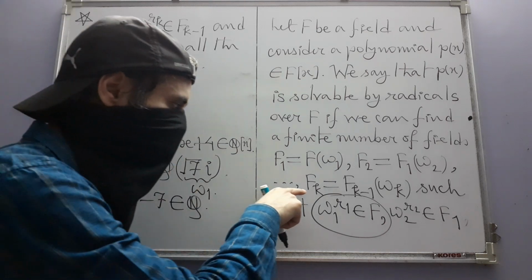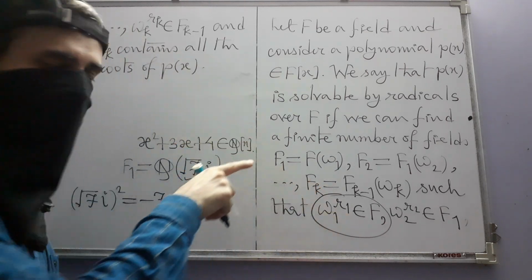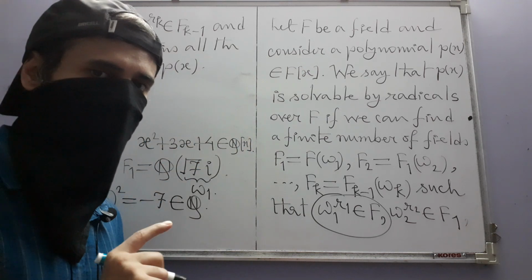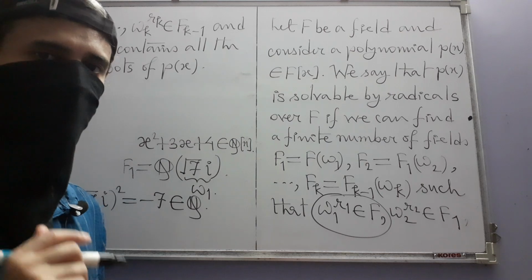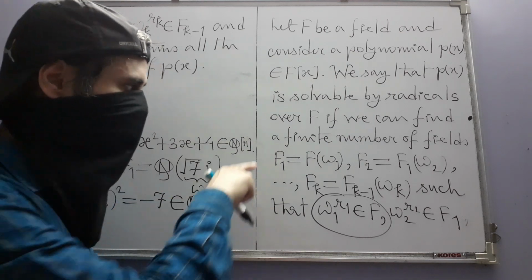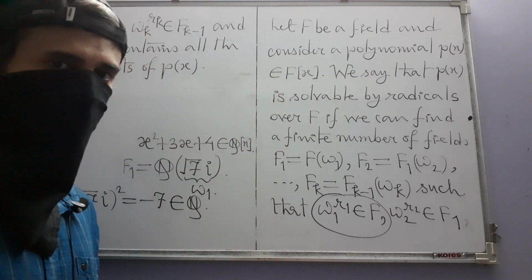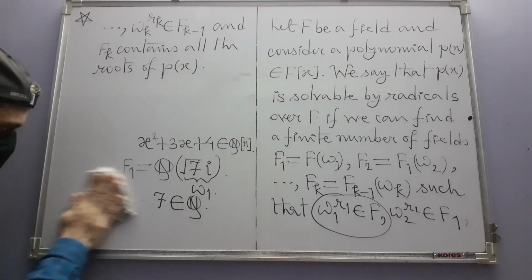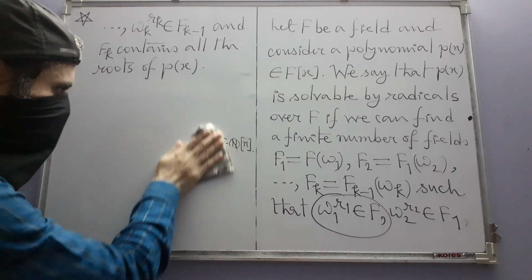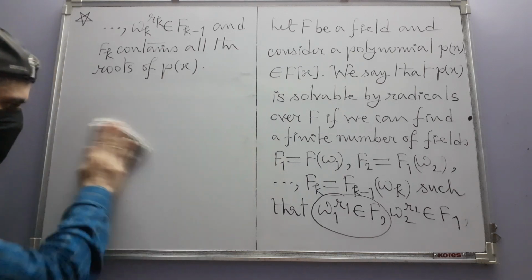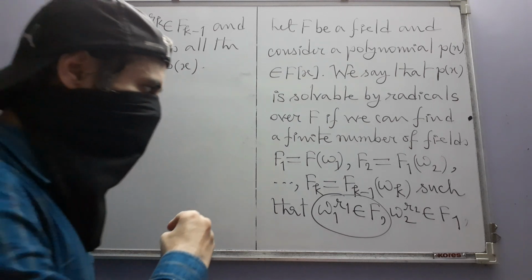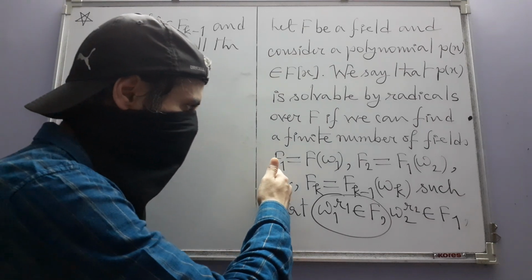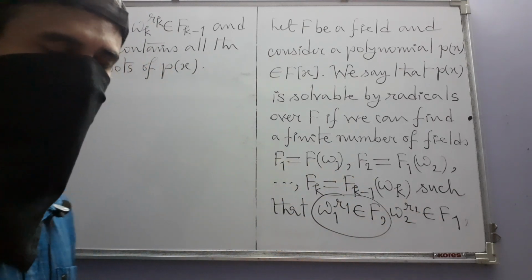If you eventually get to a field like this, satisfying all these things, which contains all the roots of your polynomial P(x), then you say that P(x) is solvable by radicals over the original field over which it's a polynomial, that is F. So that's how we express solvability. It is not something that can be done at once, but it is done in a finite number of steps, but how many, that depends on the situation.